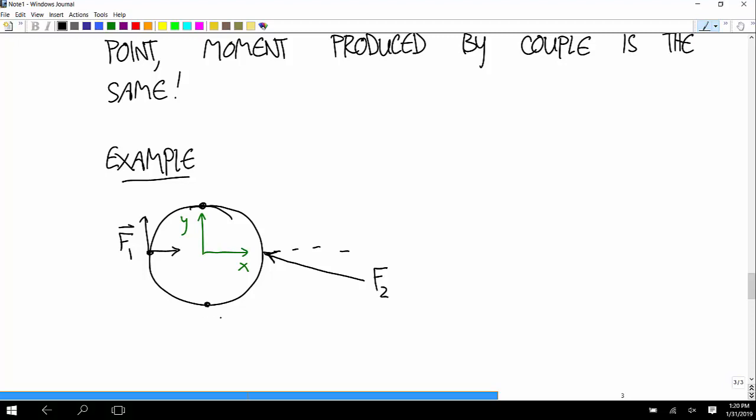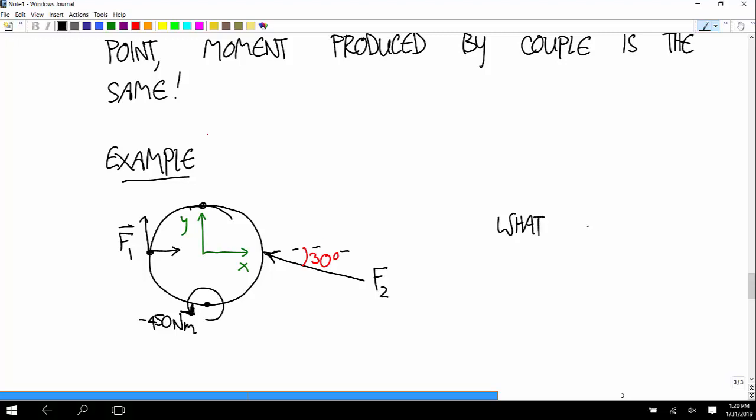And then down at the bottom, there's a couple. And we're going to represent that like this, with a value of negative 450 Newton meters. We know that we're given this angle, let's say that's 30 degrees.